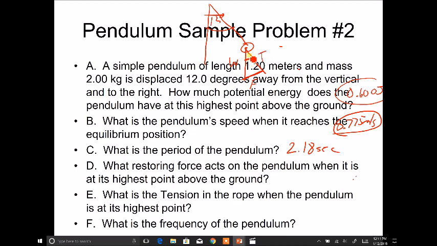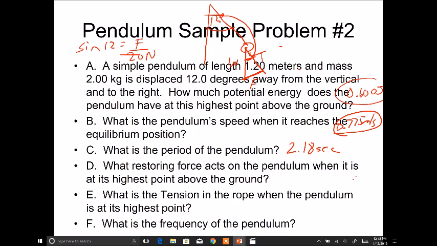This angle is the same as this angle, 12 degrees. This is the weight. So if we want to find the restoring force, we're going to use the sine function, and we're going to say the sine of 12 degrees is equal to the opposite side, which is our restoring force, over the hypotenuse, which is our weight, which is 2 times 10, 20 newtons.